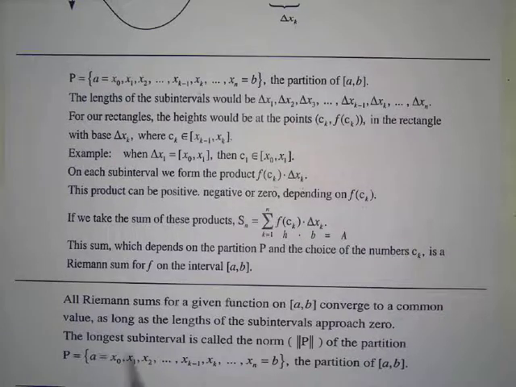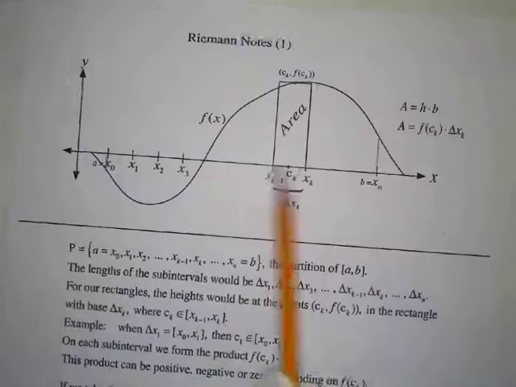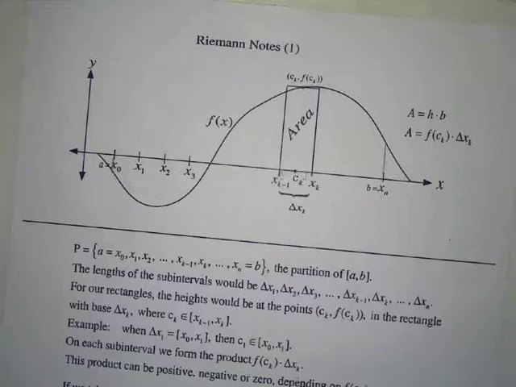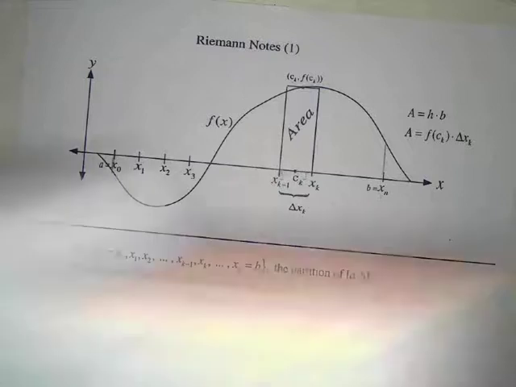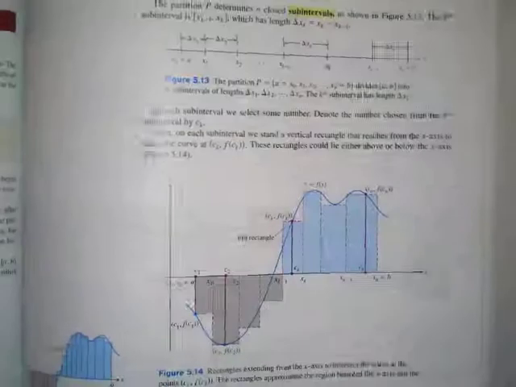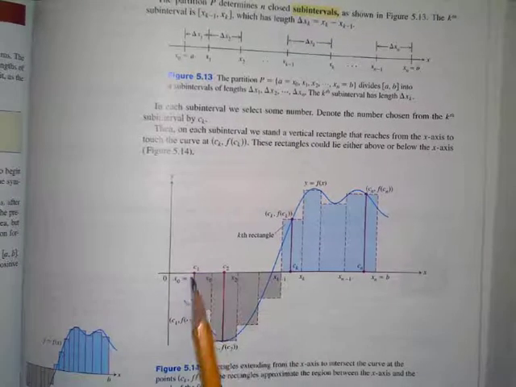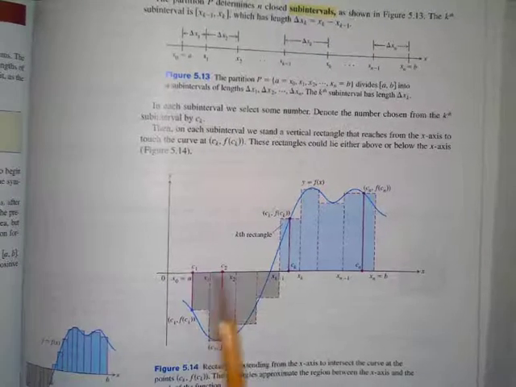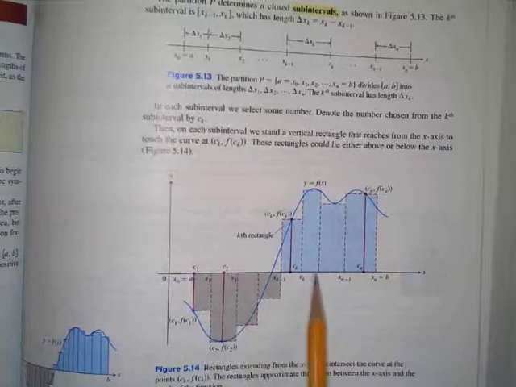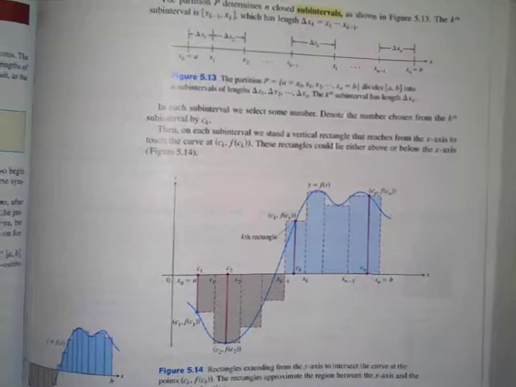Okay, the longest subinterval is called the norm. That's the biggest, because these don't have to be the same value, and you can look in your book over here, and you'll see we have some different length subintervals. There's one, this is a little bit bigger. So they're varying lengths, so they don't have to all be the same.